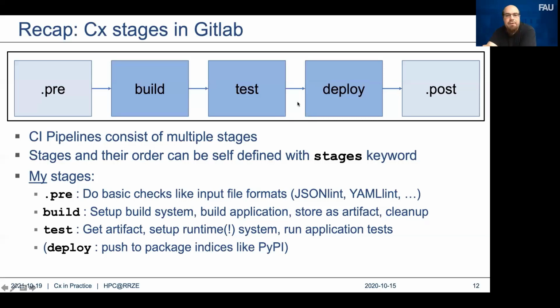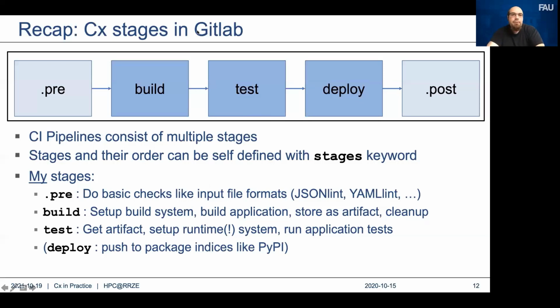As you have seen in the editor in the beginning, you can have a stages keyword and then a dashed list of stages, and they are executed from top to bottom. So you can define your own stage. You can do something like a build in between, or do some verification of the binary before the testing stage, up to you.